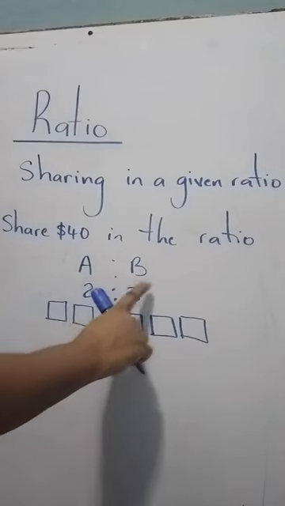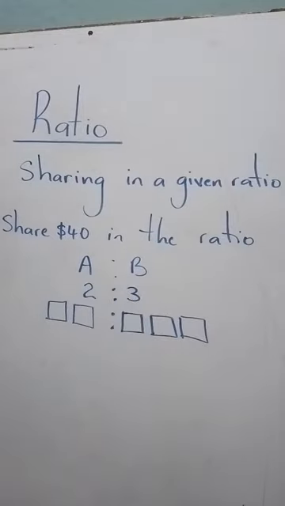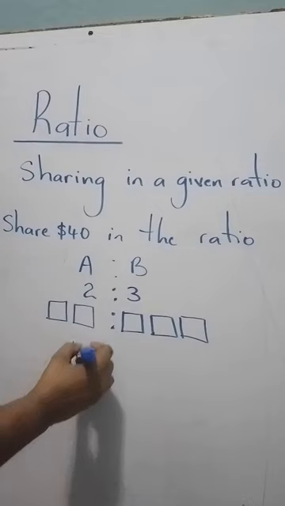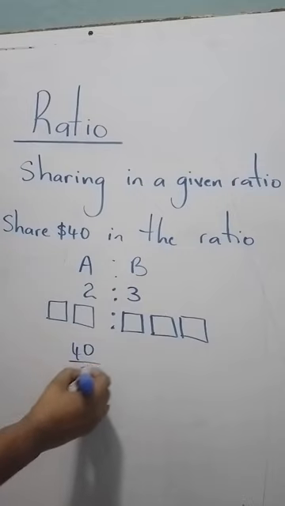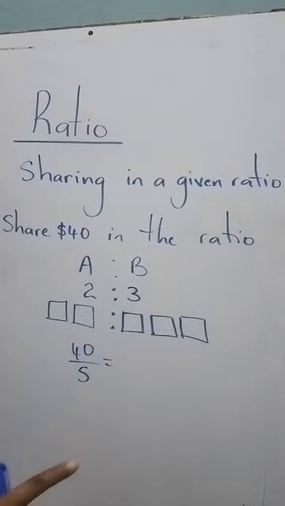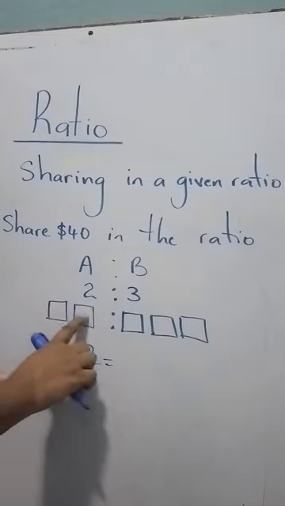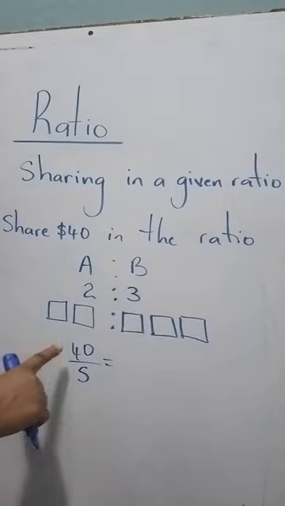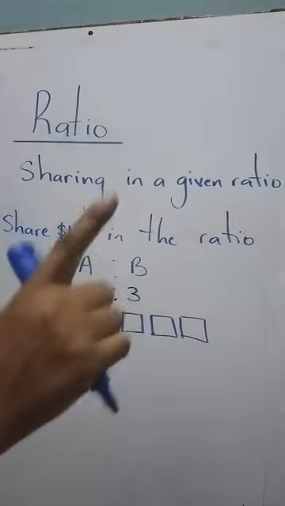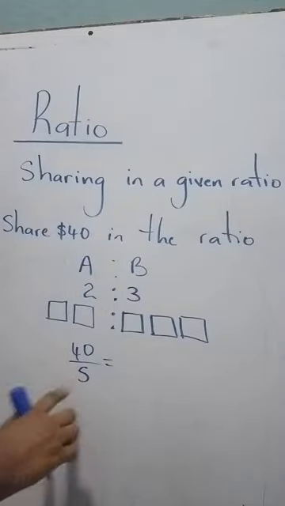Since A gets 2 and B gets 3, in total, we should divide the whole into 5 equal parts. Since it's $40 that we're sharing, 40 should be divided into 5 equal parts, such that when I'm sharing the $40, I will know how much to put in each box here. So 5 equal parts. So we're trying to find out how much is one of those parts. 40 divided by 5.